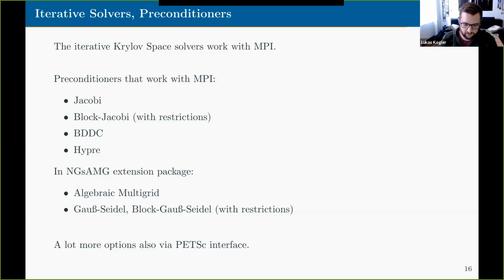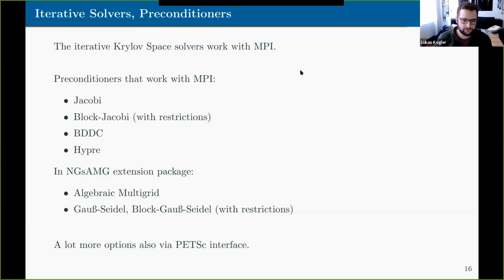Because preconditioners are always problem specific. And in this spot, I really just want to tell you what works with MPI, which is built into NGSolve, and where there are starting points, how to use different extension packages to maybe also tackle other problems. So built into NGSolve itself, the iterative solvers, the Krylov-based solvers all work.